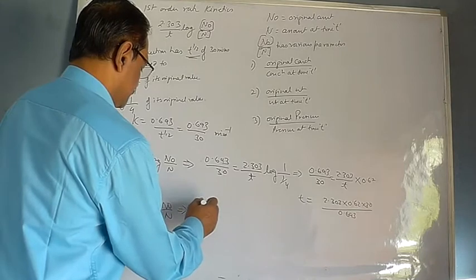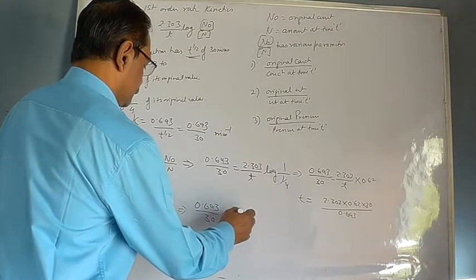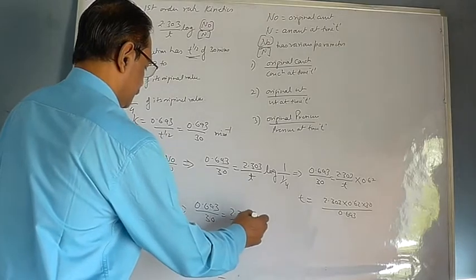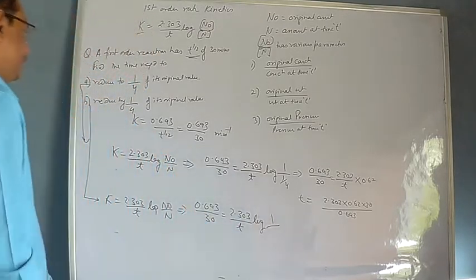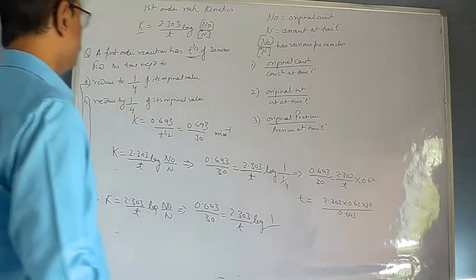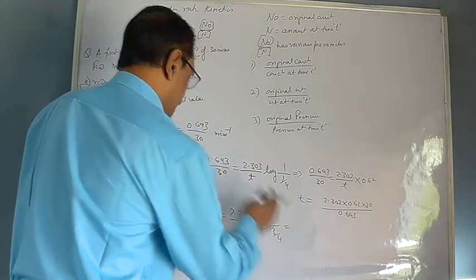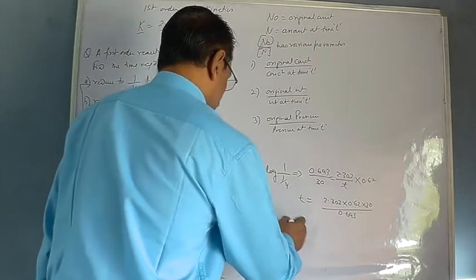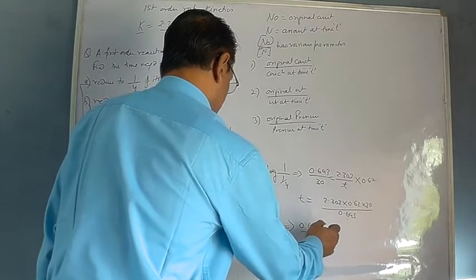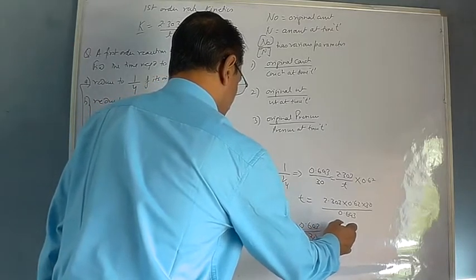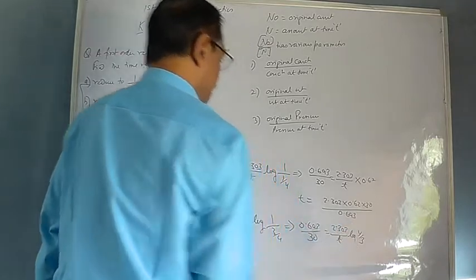So 0.693 by 30 equals 2.303 upon t log, original again 1, and reduced by 1/4 means 1/4 has gone. What is left? 3/4. In the next step it gives me 0.693 divided by 30 equals 2.303 upon t log 4/3.